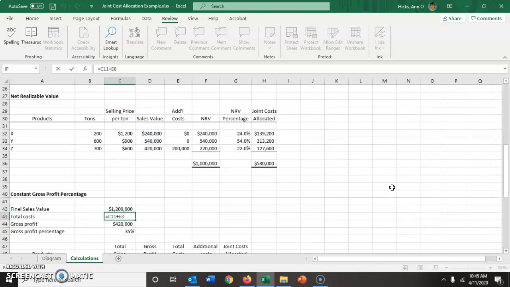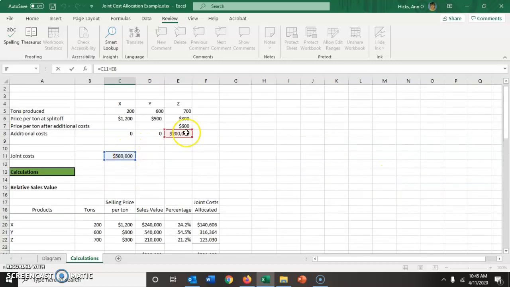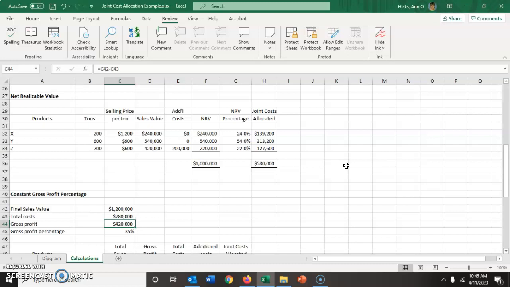The total cost is going to be the $580,000 in joint costs plus the additional $200,000 we have to spend on Z, which means overall we're looking at a gross profit on the three products of $420,000, which as a percent of sales is 35%.